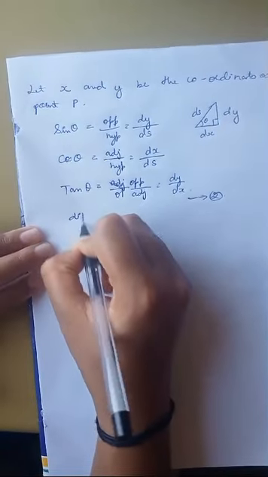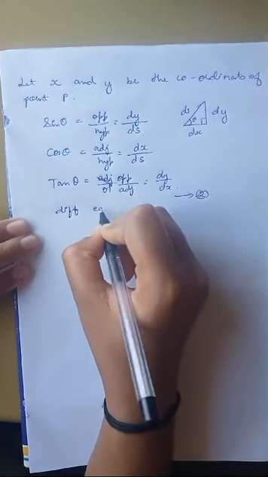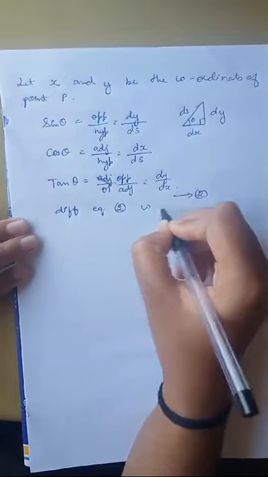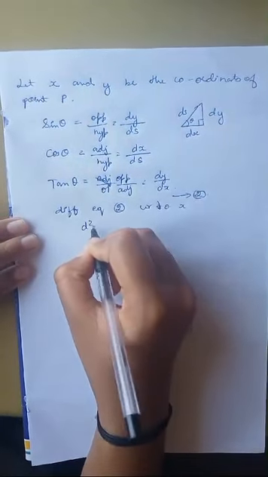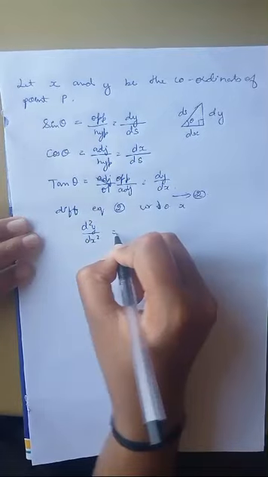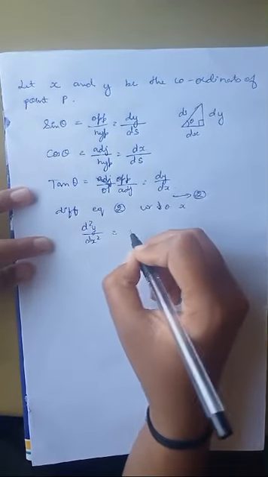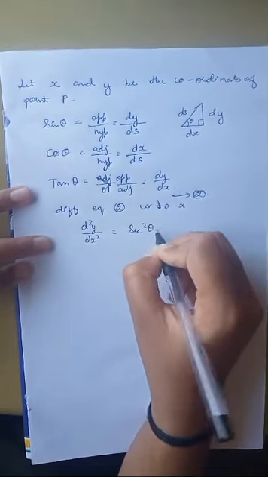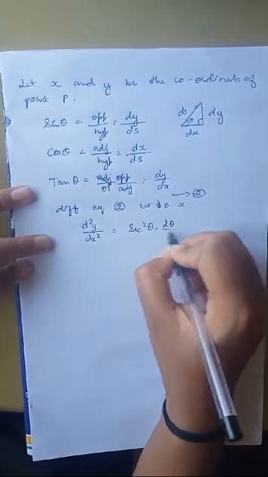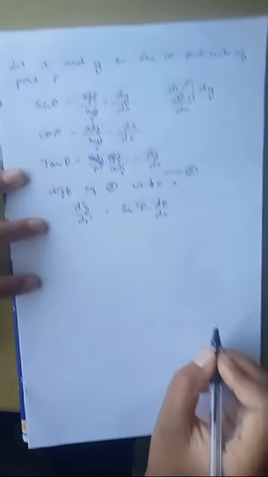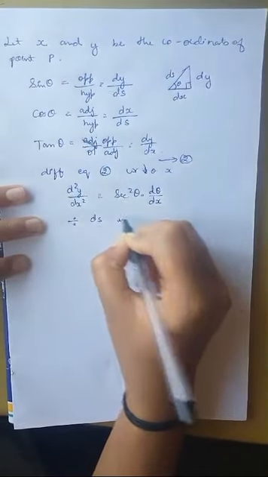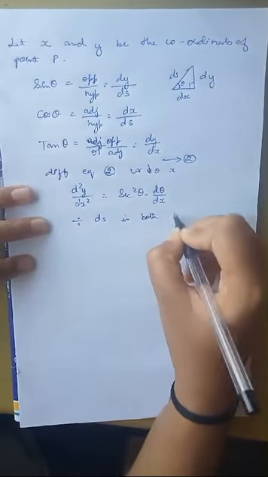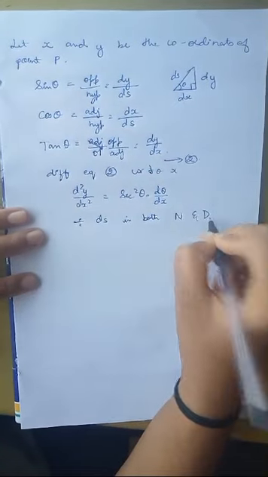Now, differentiating equation 2 with respect to x, d square y by dx square is equal to the differentiation of tan theta, which is secant square theta, and the differentiation of theta is d theta by dx. Now let us divide by ds in both numerator and denominator.